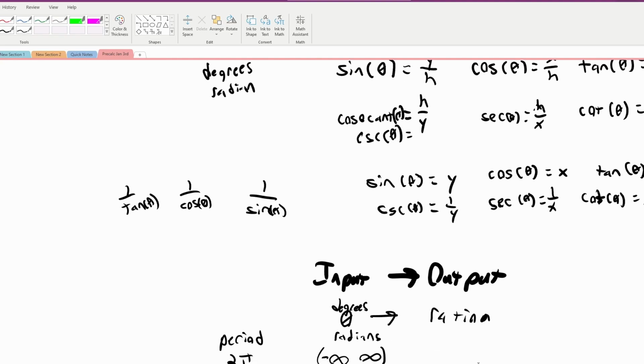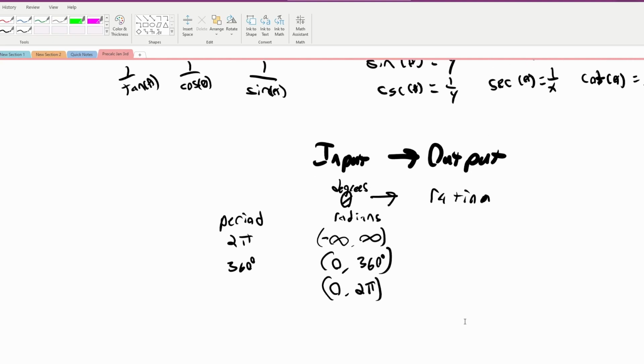Cosine similarly is going to have a range between -1 and 1. So sine and cosine have a range between -1 and 1.